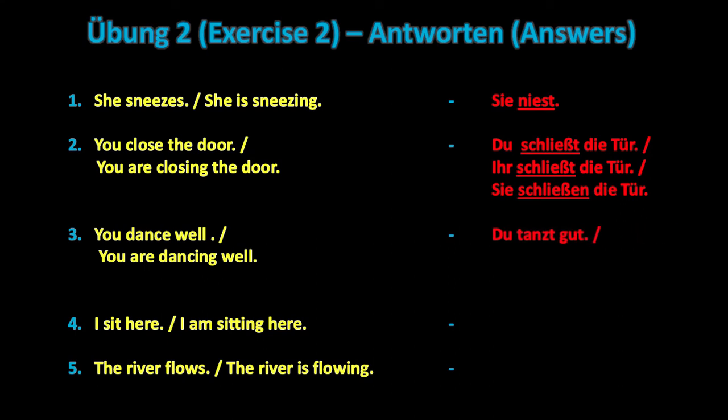Du tanzt gut or ihr tanzt gut or sie tanzen gut. I sit here or I am sitting here. Ich sitze hier. The river flows or the river is flowing. Der Fluss fließt.